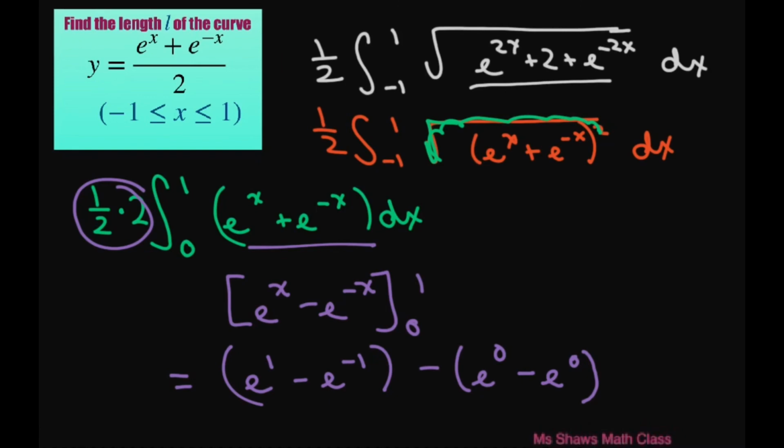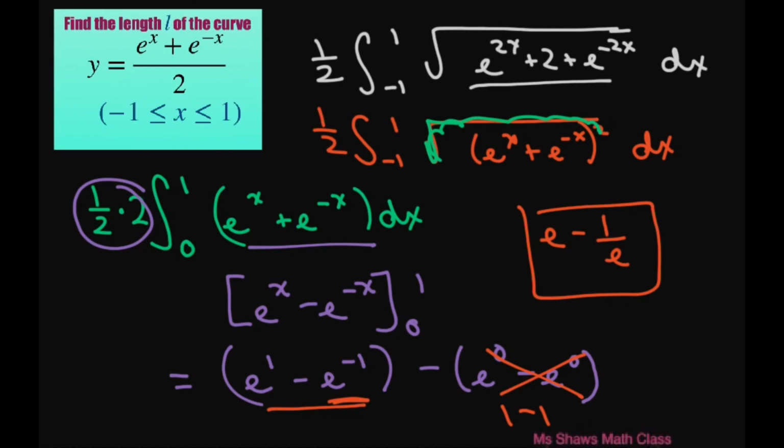So this right here is just going to be 0, because this is 1 minus 1, basically. That goes away. So our final answer is just going to be e minus 1 divided by e, if you get rid of that negative exponent. And that's the length of your curve.